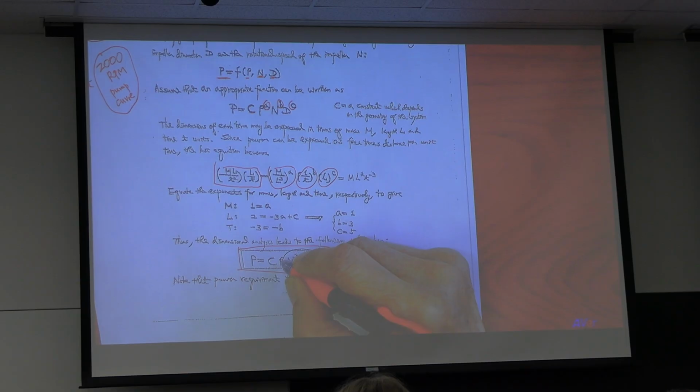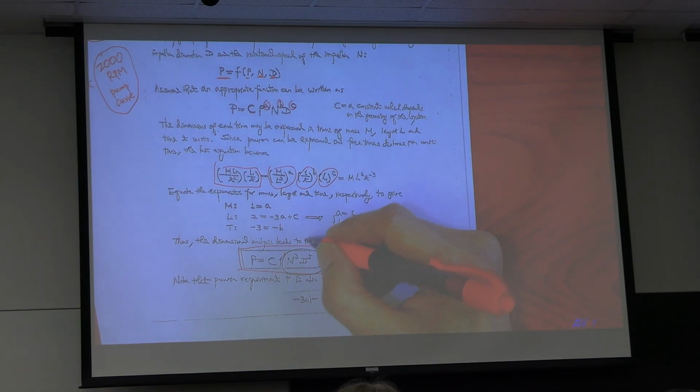Power is proportional to density linearly. Impeller speed, cube power. Diameter, fifth power.